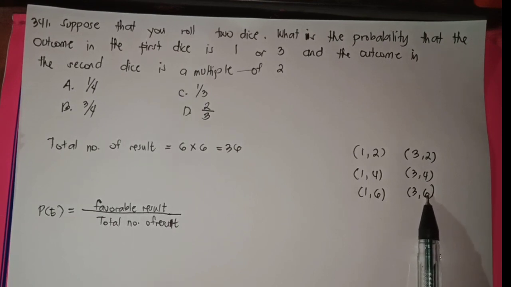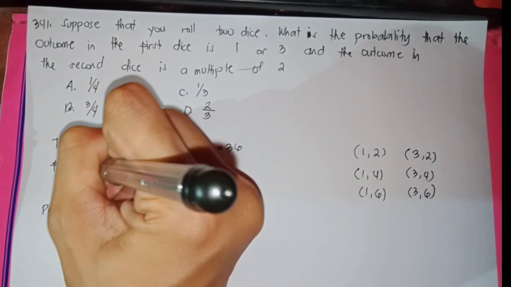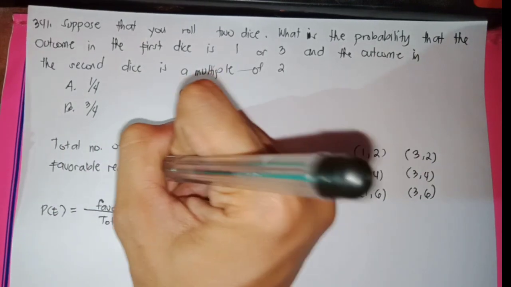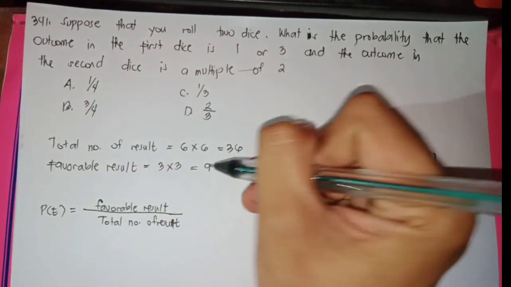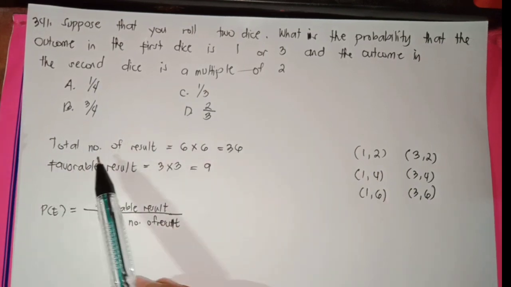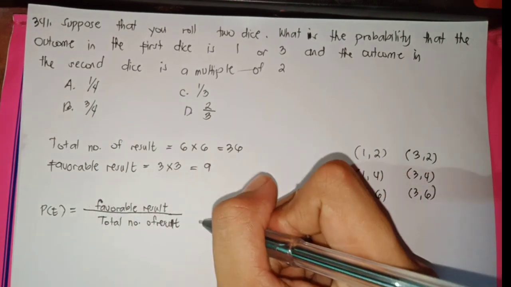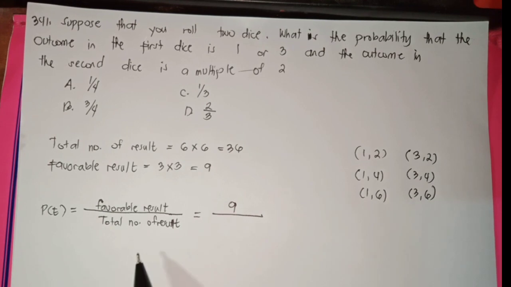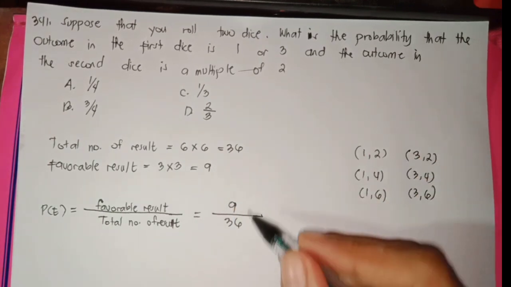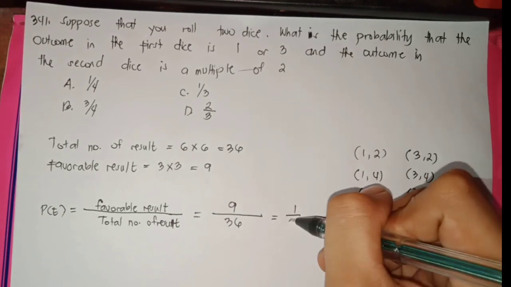So we can conclude that the favorable outcomes will be 3 times 3, or 9. Now we can substitute in our formula: favorable results is 9, and the total number of results is 36. Simplifying, we have 1 over 4.